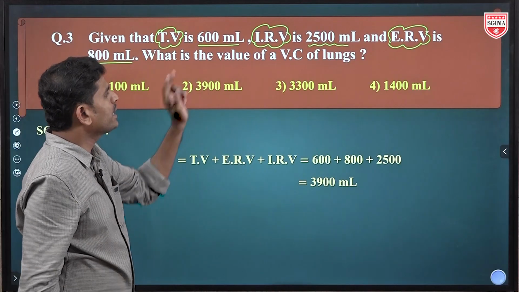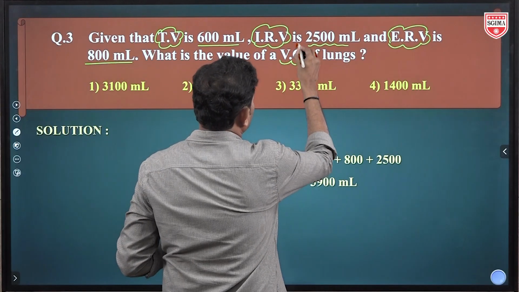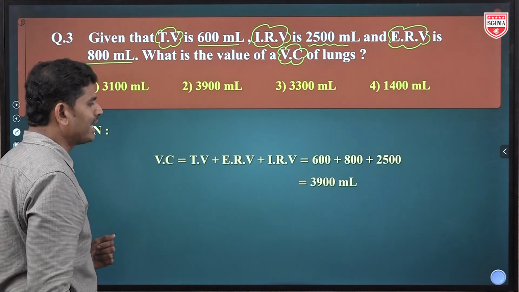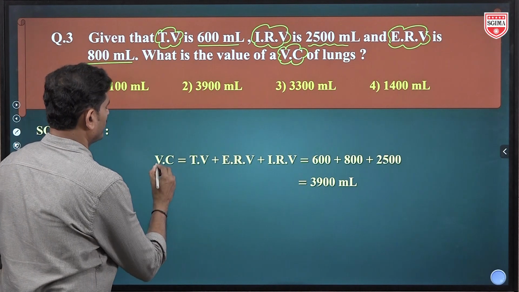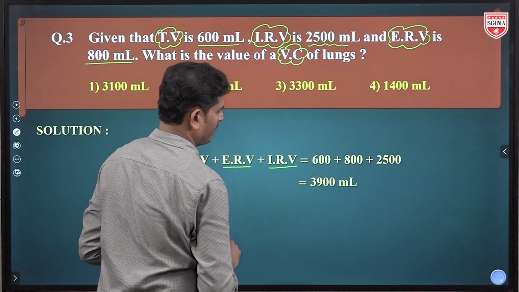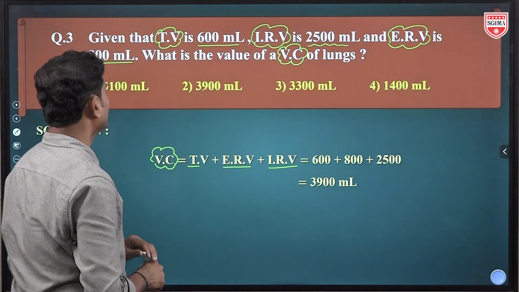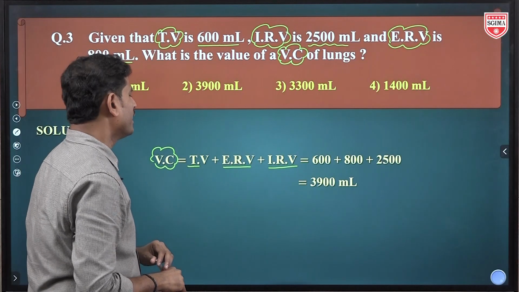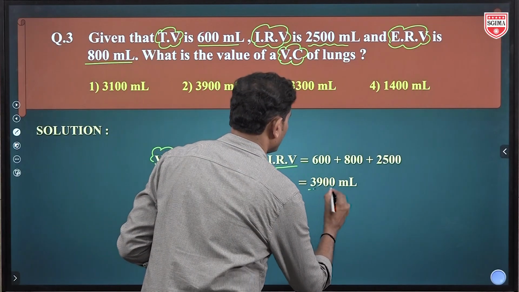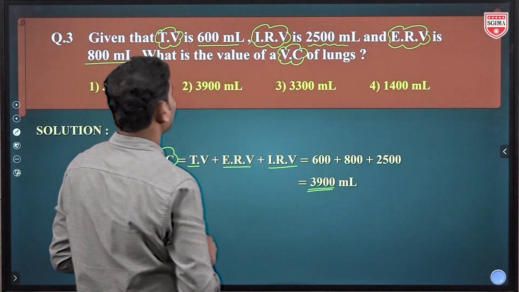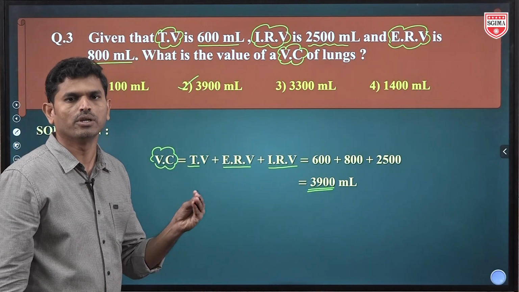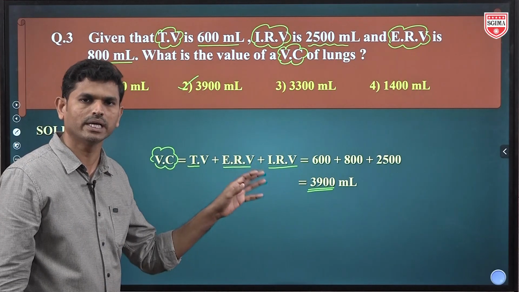Then what is the value of vital capacity? As we know the formula, VC is equal to TV plus ERV plus IRV. The given values are TV 600 ml, ERV 800 ml, and IRV 2500 ml. So the total sum will be 3900 ml. So the second option is correct. These are the three simple numericals belonging to volumes and capacities.